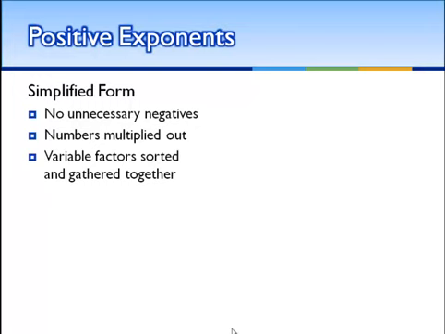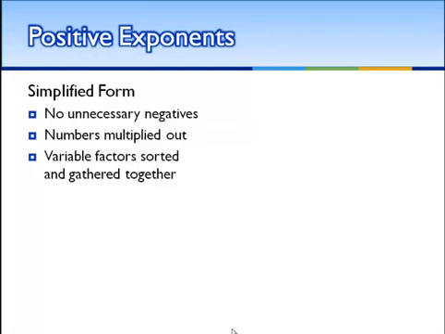Now, I mentioned earlier the word simplified. When we're working with exponents, there's a way of writing things that's called simplified form. That is having no unnecessary negatives. So in that last example, when you saw negative, negative, negative, negative m, those 4 negatives we would deal with and get rid of.